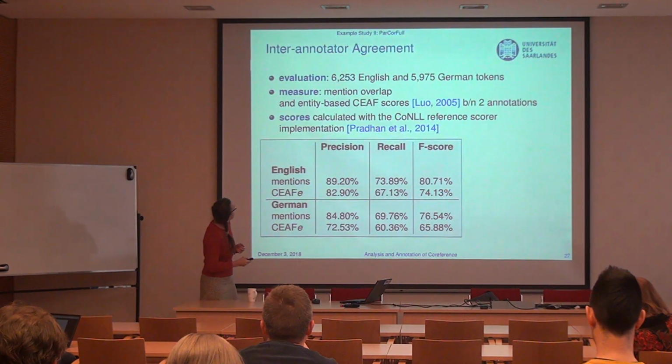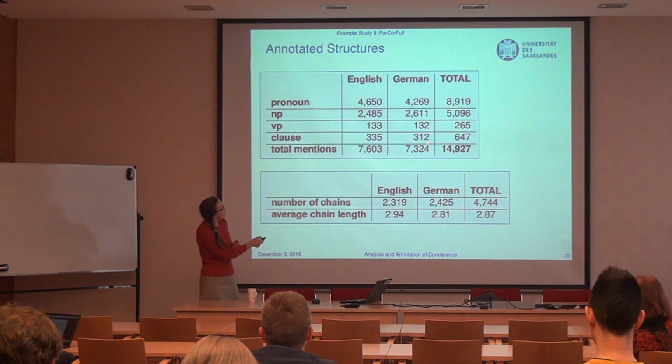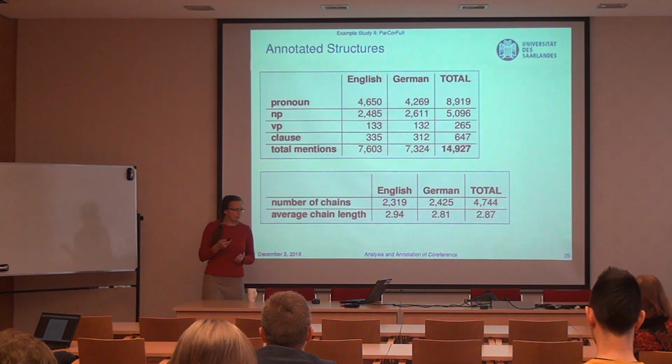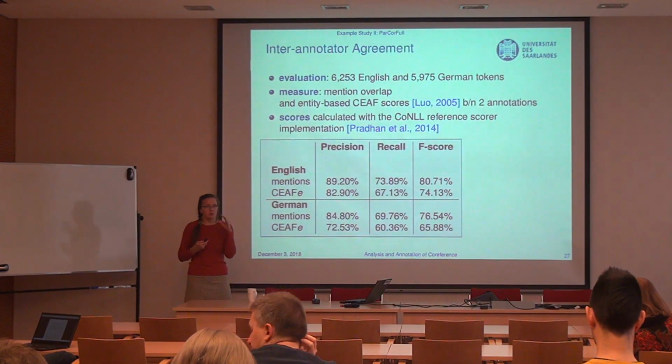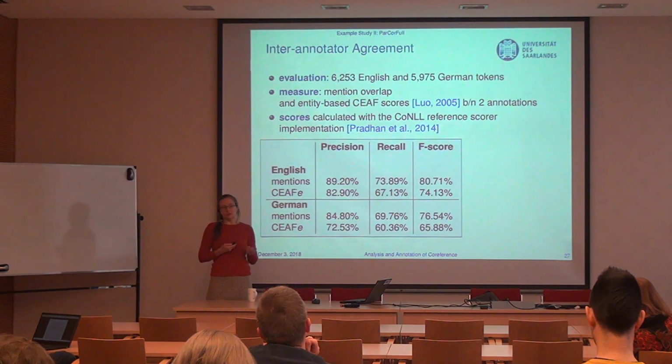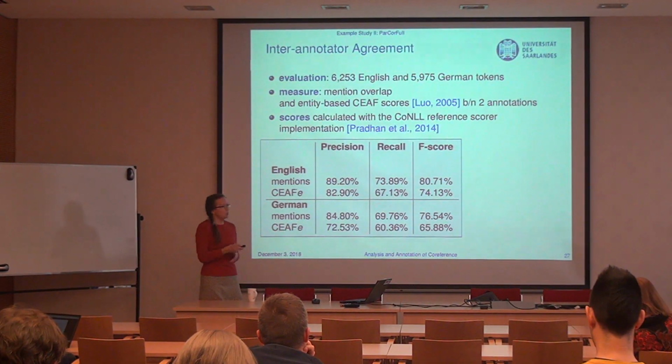German and English have more or less the same number of VPs and clauses annotated, but still German was more difficult in this sense. So it would be interesting to look into the data to understand why. I think it could be another research, maybe a BA thesis or a paper on this.